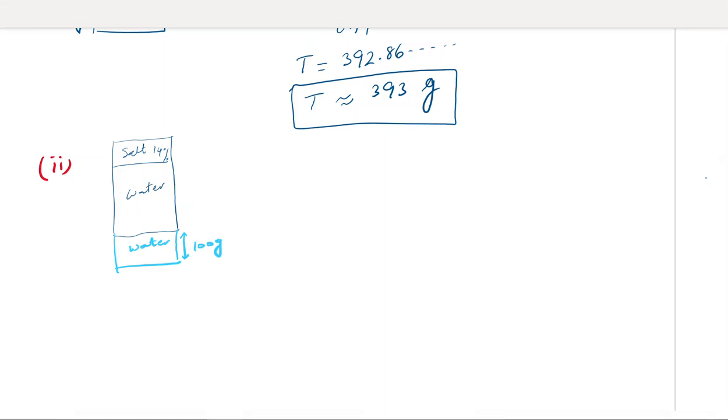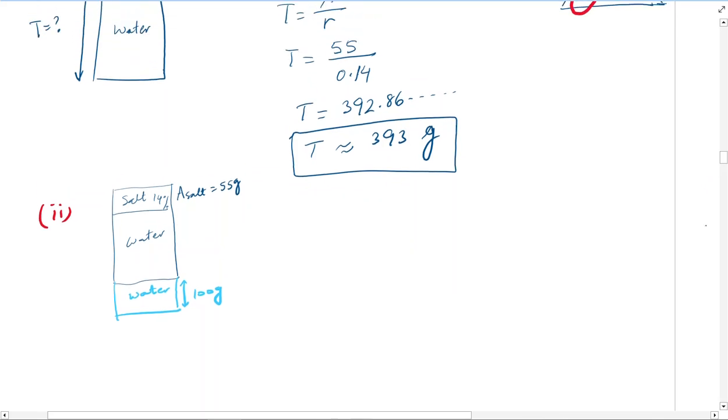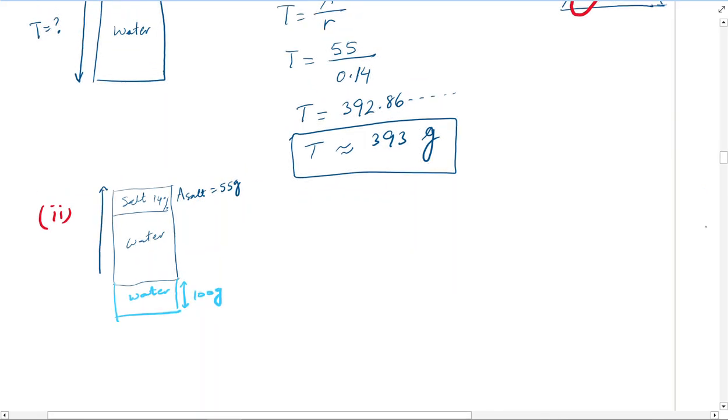So originally the amount of salt was 55 grams, and in the previous part, we figured out that the total solution was 393 grams. When you're using it in the next part, you can use the unrounded values.